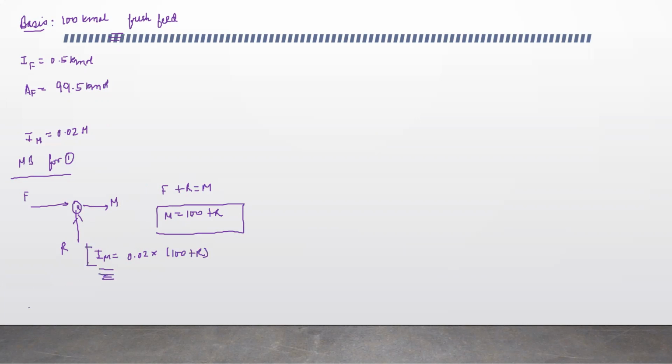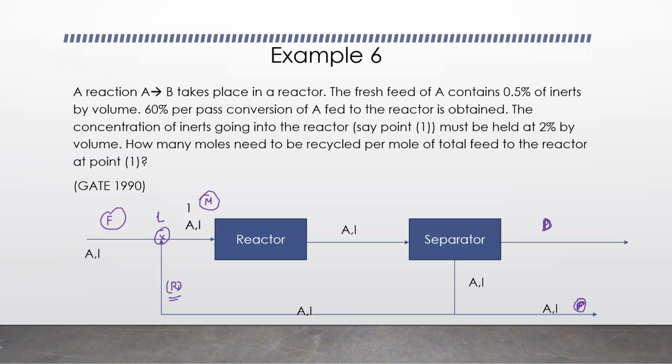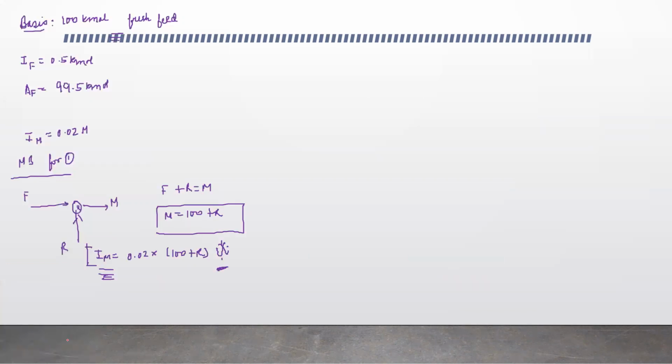We'll keep this. Okay. Now let's move ahead. Now we are going to the reactor. So now 2% is inerts in M. So therefore A in the mixed stream is going to be 98%. So 0.98 into 100 plus R. I'll just write it down completely.